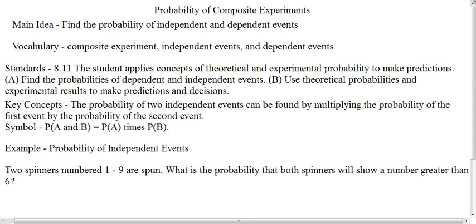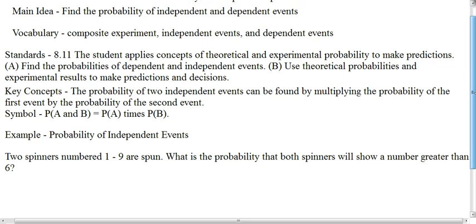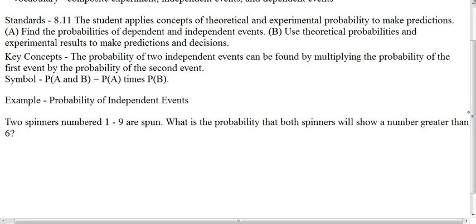Okay, so we need to think about, first of all, the total number of trials for the first spinner. We know that it is 9 because it says from 1 to 9. From there we need to determine how many numbers are greater than 6.